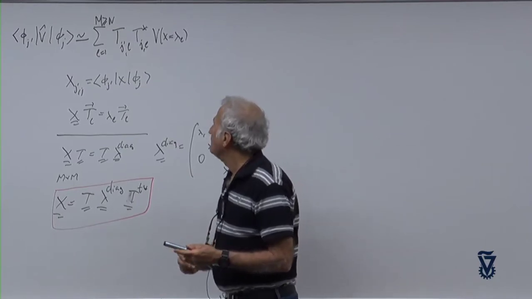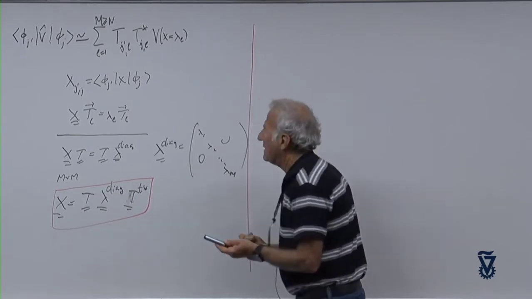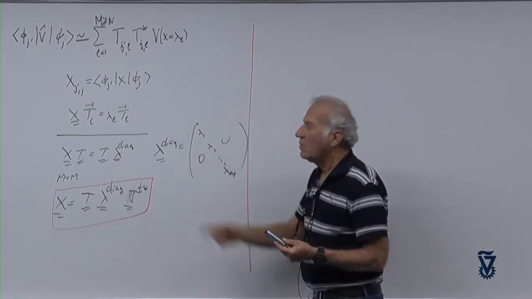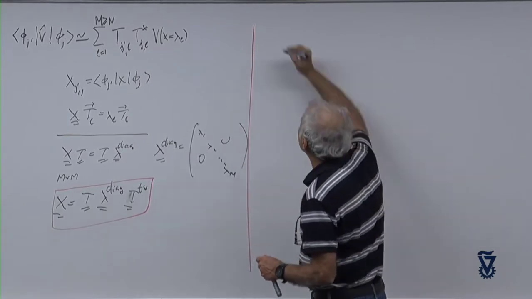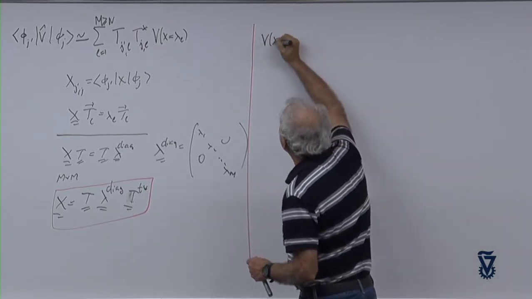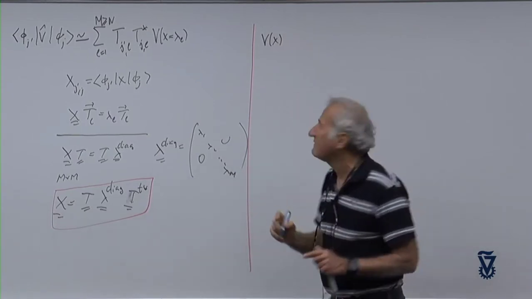Let us continue and show why we say it. In order to understand and to prove it, let's take the potential and use the argument that I said at the beginning, that it is an analytical function of x.